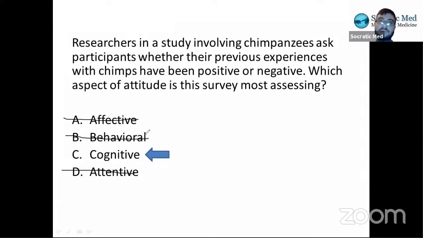It's the cognitive aspect, because you're deciding whether logically you should or should not be afraid, or logically if you should or should not approach this with a negative or positive attitude, right?